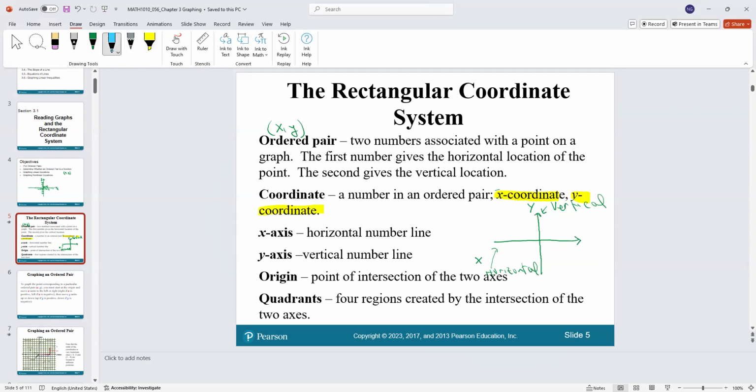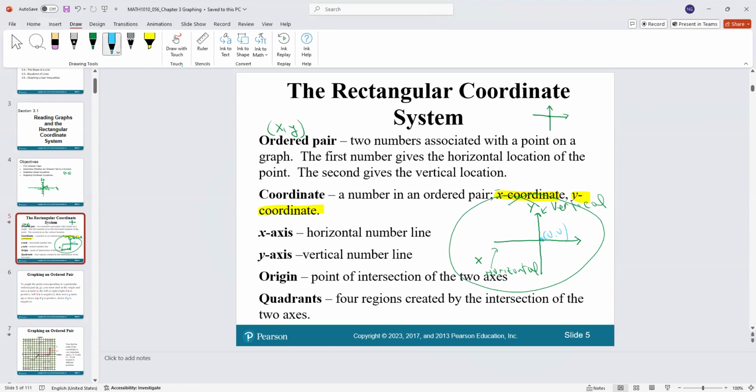The origin, as I said before, is where the axes intersect, at the point (0, 0). And quadrant, we're going to talk about it. Your rectangular system, which we call the Cartesian coordinate system, or XY plane, is not only a cross, because you have a horizontal and a vertical axis intersecting at the origin.